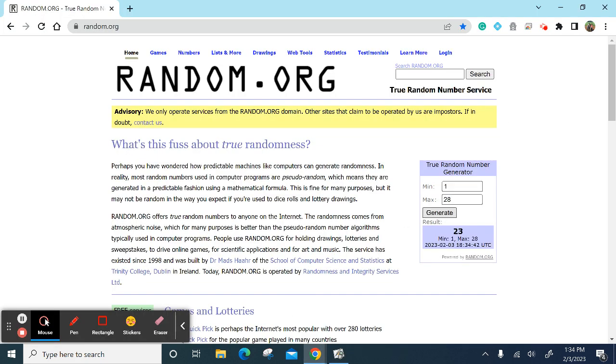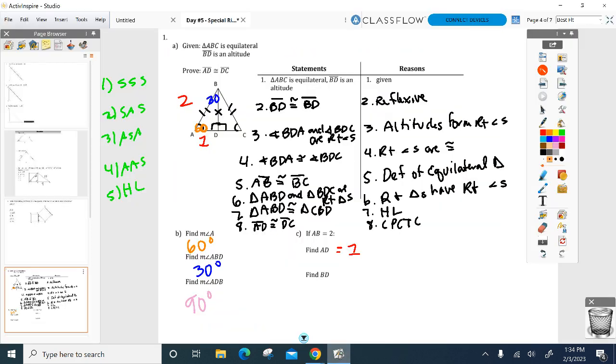Pythag, great job. A squared plus B squared equals C squared. What numbers are getting plugged in for A, B, and C? 1 for A. Yep. And 2 for C. Good, because that's the hypotenuse, and we're solving for B squared. What'd you guys find? Radical 3. Good. So that side is radical 3.